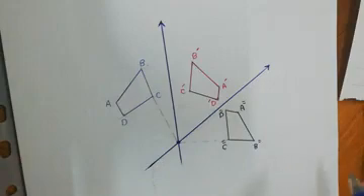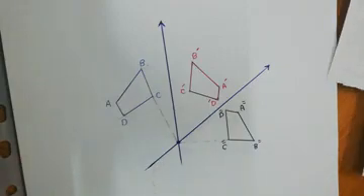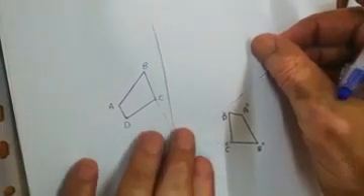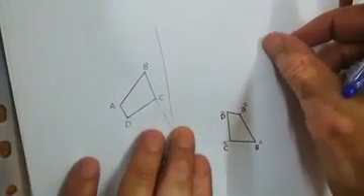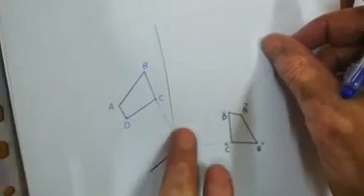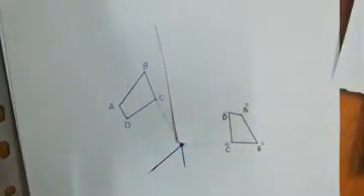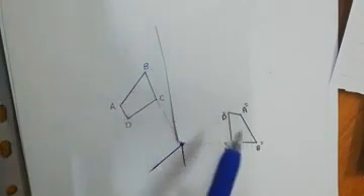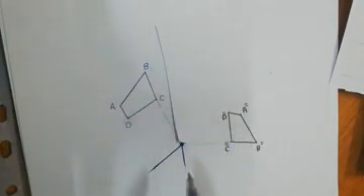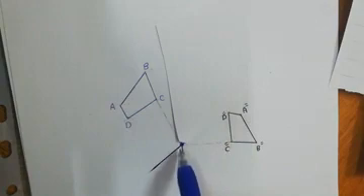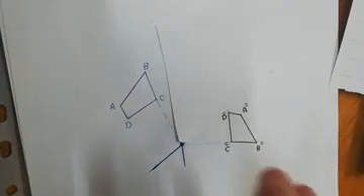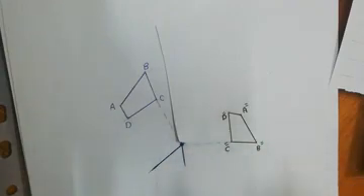Now if I cover the middle image, which is this one, look what I got. I got a rotation. This is a rotation. This rotation, its center is this point, which is the point of intersection of these two intersecting lines, which I make the reflections across them.